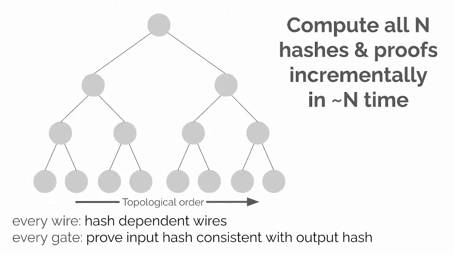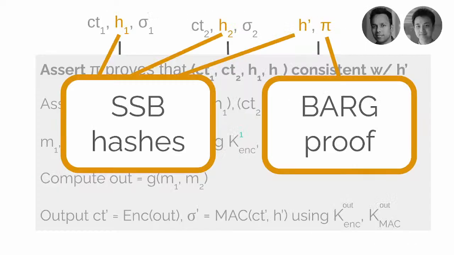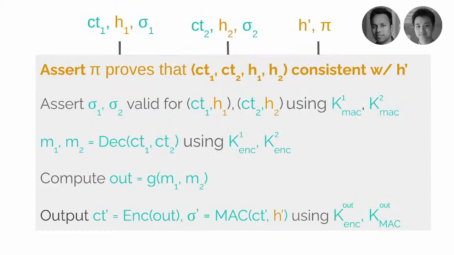Why is prefix consistency enough? Maybe I didn't explain that. Basically, we are evaluating the gates in a topological order. If you think about it, the dependency set of H prime is going to be a superset of the dependency set of H1 and H2.